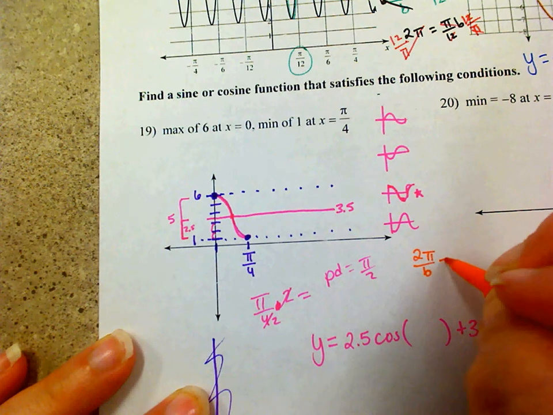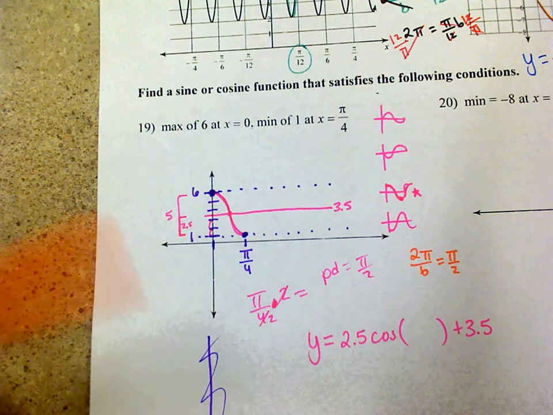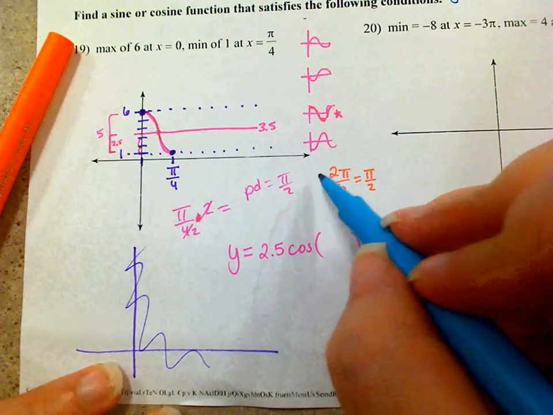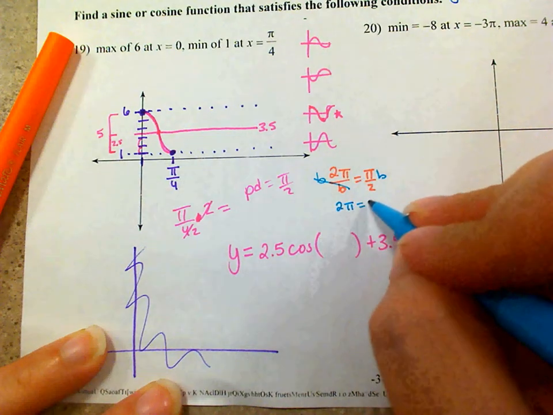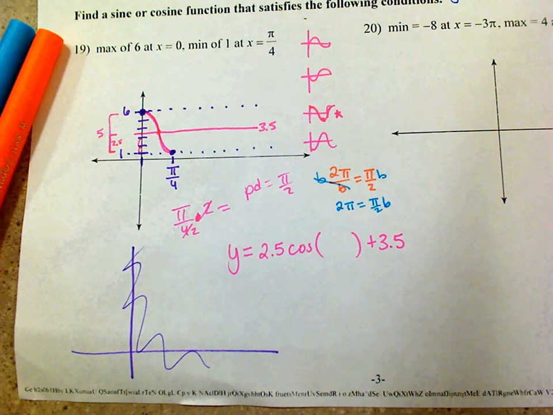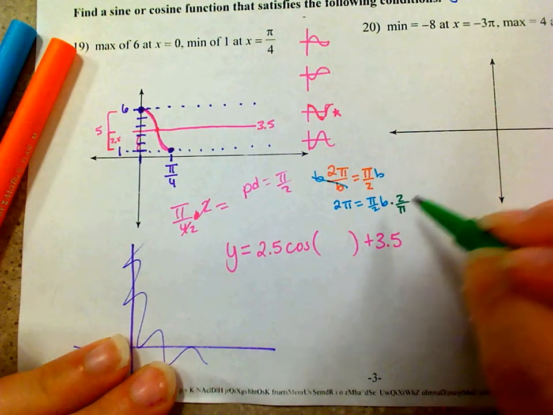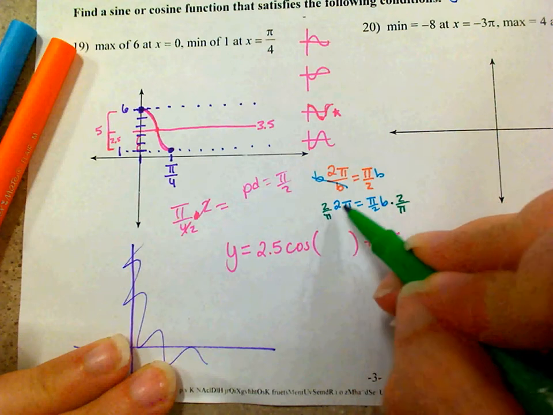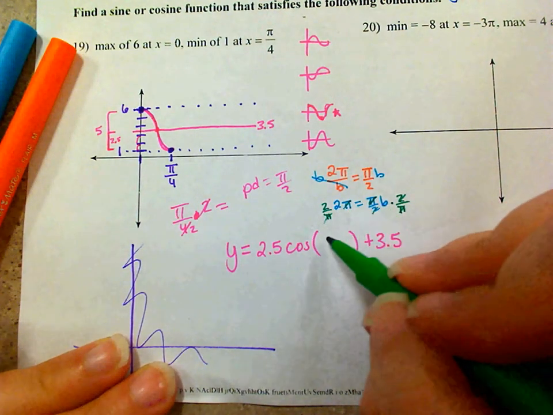Those cancel out. 2 pi equals pi over 2 b. Multiply by the reciprocal of pi over 2, which is 2 over pi. Pi's cancel out, and we're just left with 2 times 2, which is 4. So 4x. And there's my function.